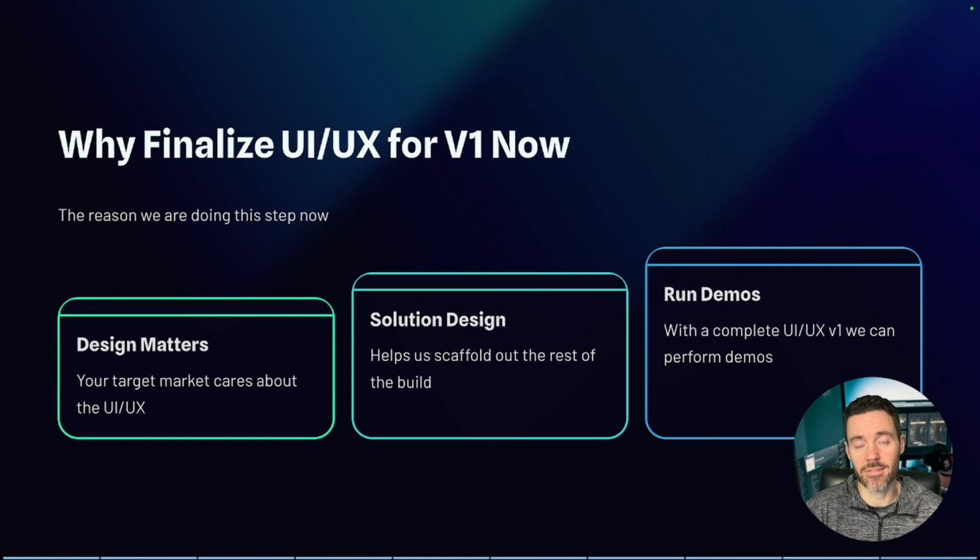So why are we doing this step now? Well, to put it simply, your UI and UX matters to your target market. Your product doesn't just need to solve the problem in an effective way, but it needs to be easy to use. In addition to that, we can use the UI and UX design to scaffold out the rest of our build. Better understanding what that experience needs to be like helps us understand where we need to focus when we're wiring up everything technically.